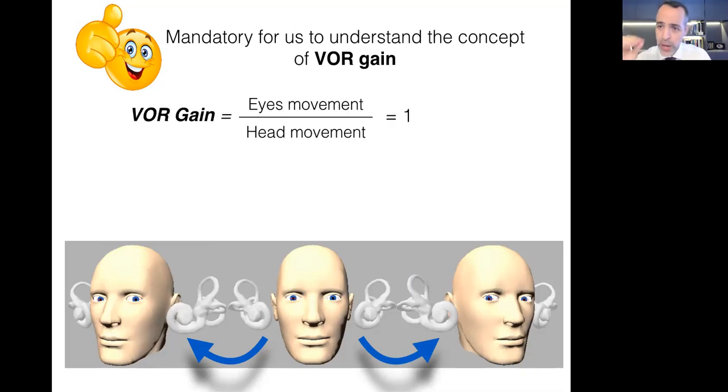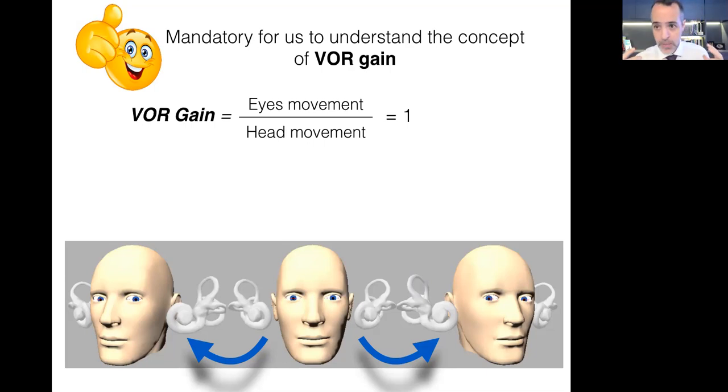So we can define VOR gain as the relation between eye movement and head movement. If my head moves 30 degrees to the left, my eyes will move 30 degrees to the right. And if my head moves 100 degrees per second to the right, my eyes will move 100 degrees per second to the left. So the relation between head movement and eye movement in a normal condition is one.